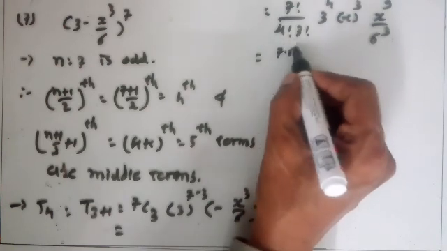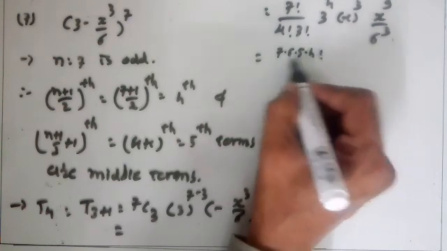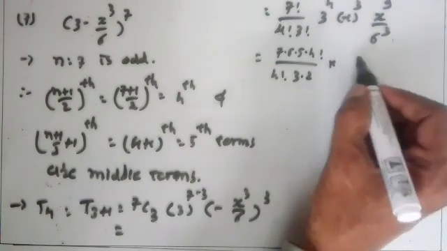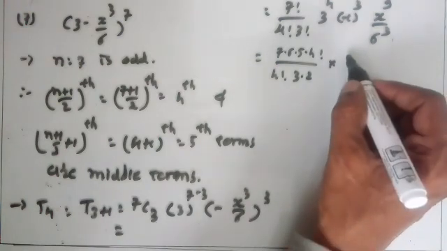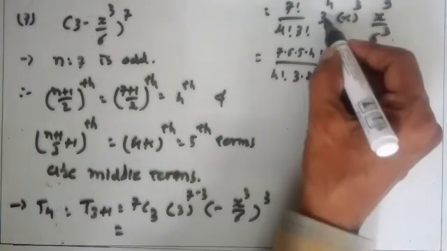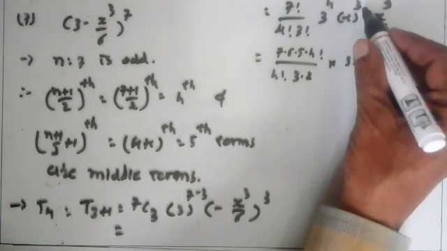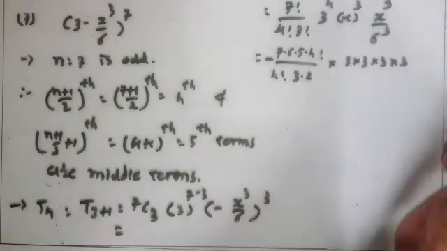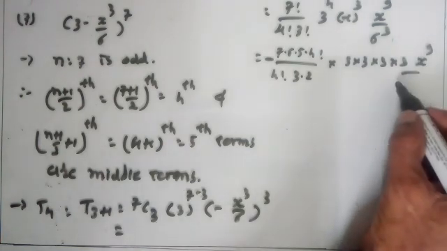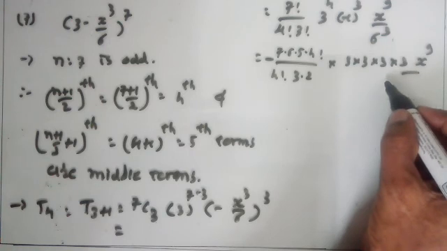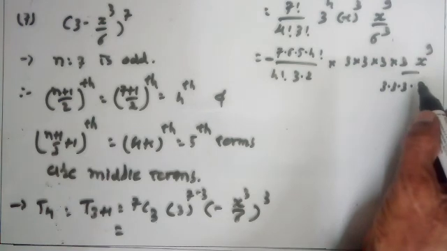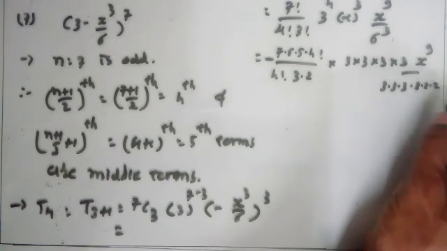Clear? So it is equal to 7 factorial, that is 7 into 6 into 5 into 4 factorial, upon 4 factorial into 3 into 2 into 1, into 3 into 3 into 3 into 3. Minus 1 raised to 3 gives the minus sign. Then x raised to 9 upon 6 raised to 3, that is 3 raised to 3 times 2 raised to 3, so 3 into 3 into 3 into 2 into 2 into 2.